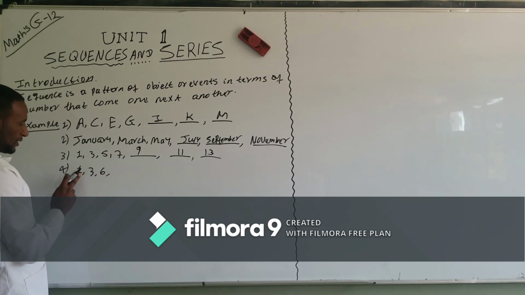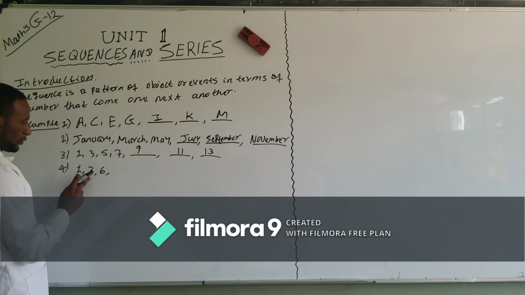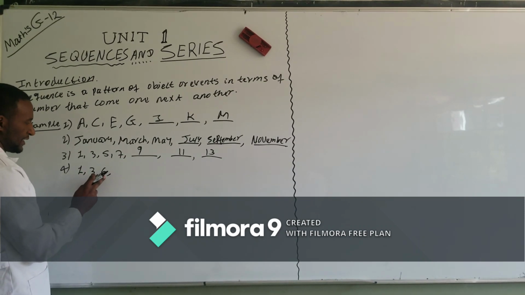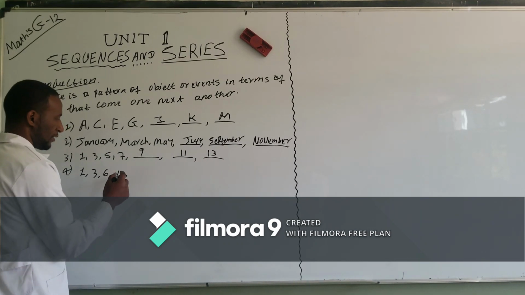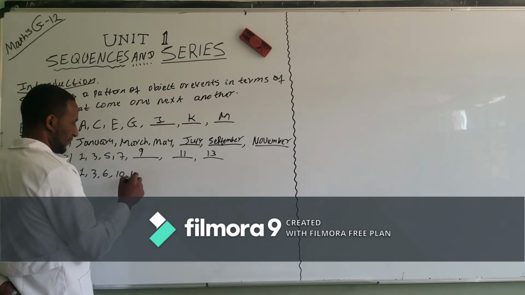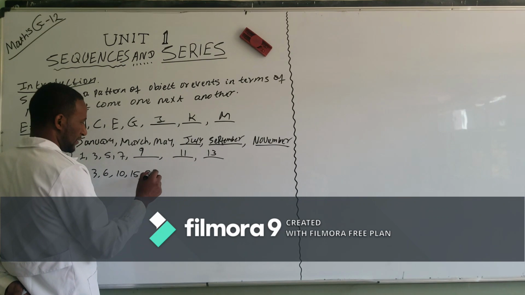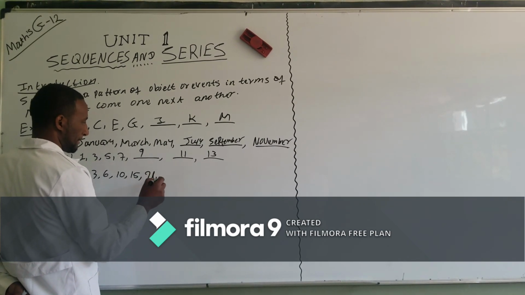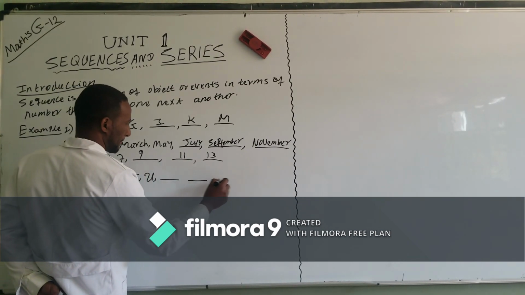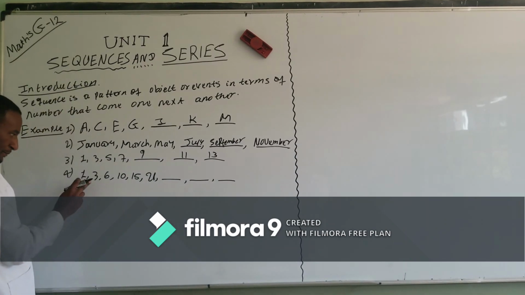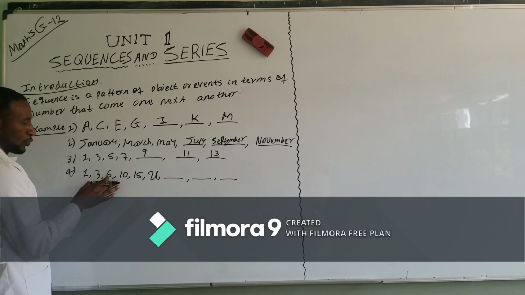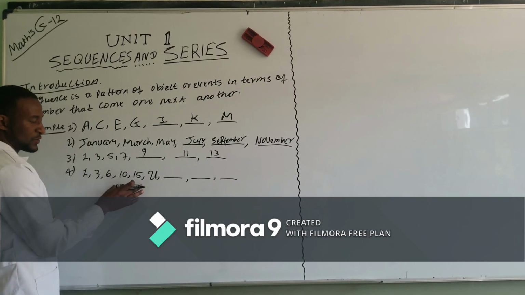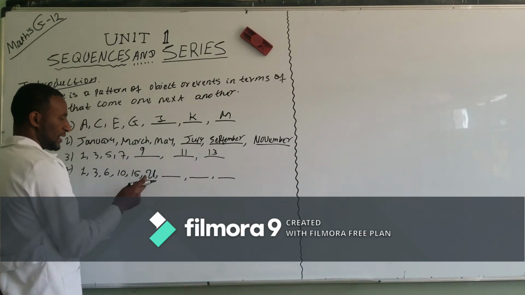The difference between the first term and the second term is 2, between the second term and the third term is 3, between the third term and the fourth term is 4. By considering the rule of the previous terms, we can find the next term.